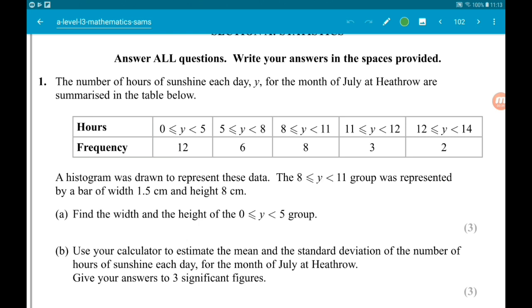So in the histogram, the area of the bar represents the frequency. Looking at the 8 to 11 group, there was a frequency of 8.